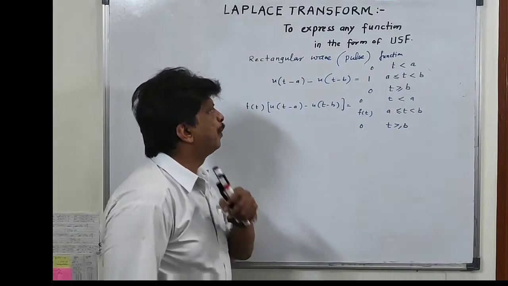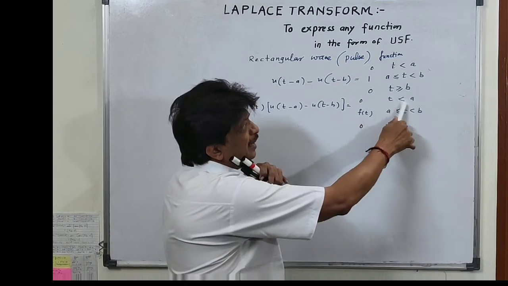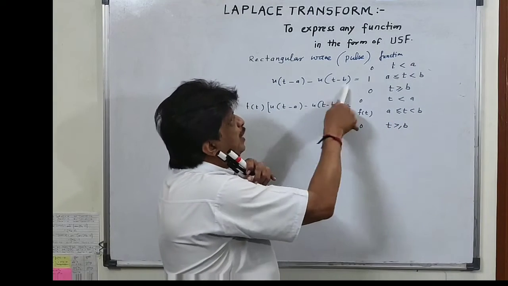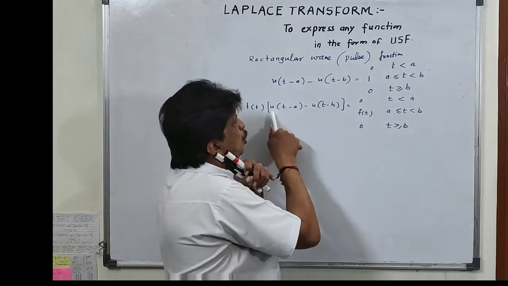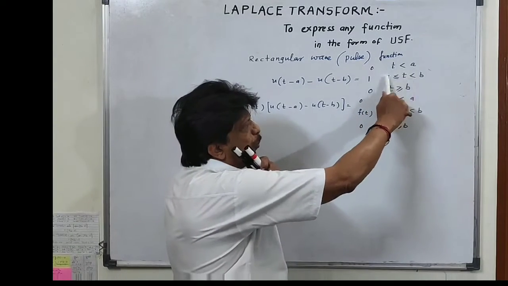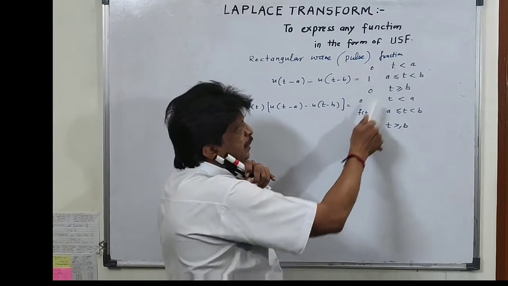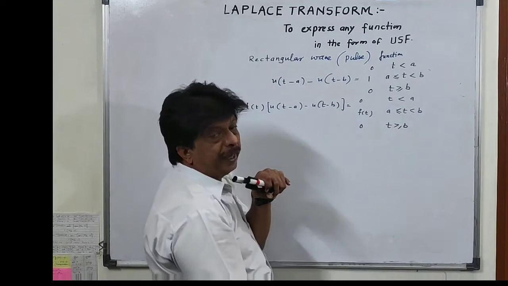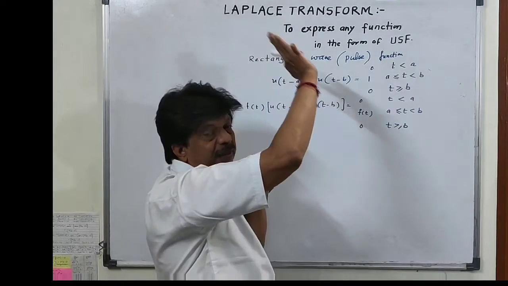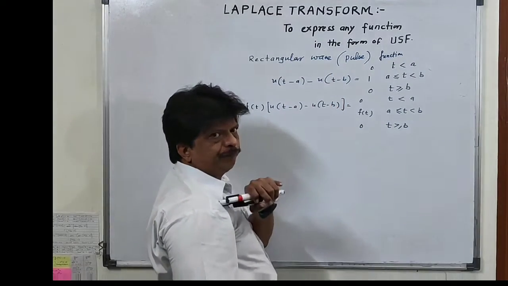Because whenever t is less than a, the value of this rectangular wave function is 0, so 0 into f of t is 0. In the band a to b, it is 1, so 1 into f of t is f of t. From t equal to b onwards, it is 0, so 0 into f of t is 0.